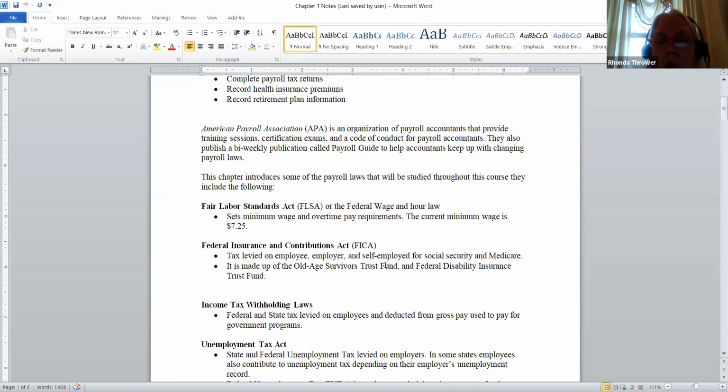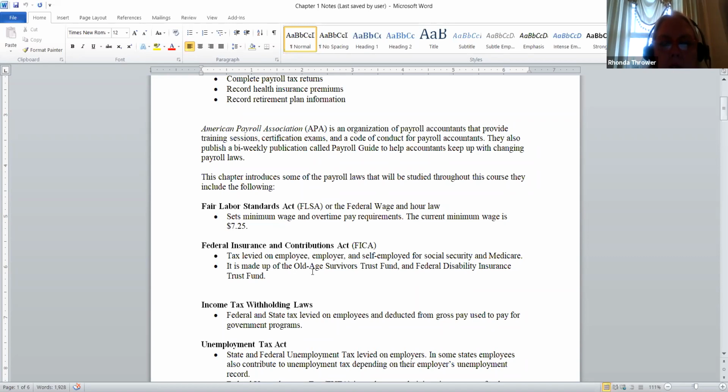So your self-employment taxes can become rather high, but these are taxes that are taken out for Social Security and Medicare. It is made up of what the government calls the Old Age Survivors Trust Fund and the Federal Disability Insurance Trust Fund. But basically, the tax is called FICA.